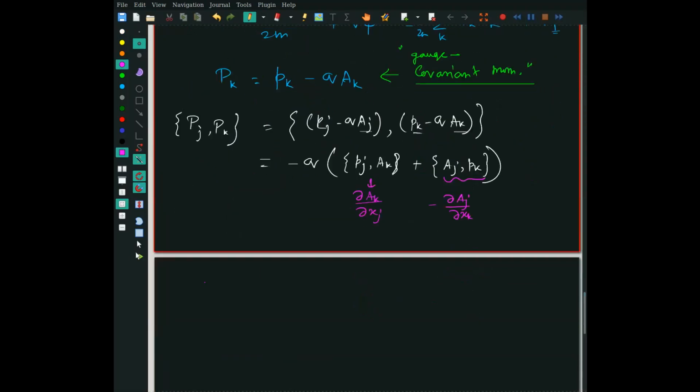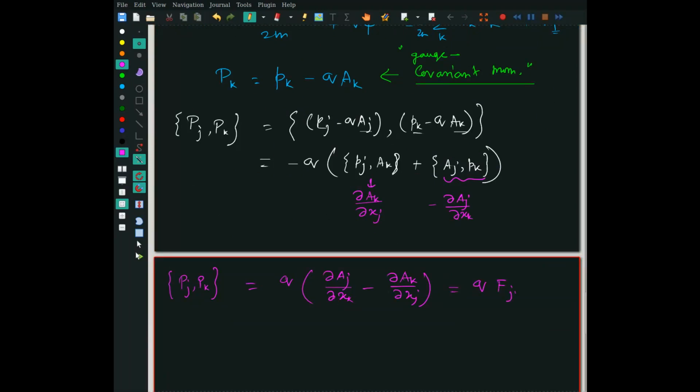If you simplify, the bracket of Pj and Pk would be given by Q times del Aj del Xk minus del Ak del Xj. Now again, this is readily identifiable as your Fjk, right? So this is Q times Fjk.